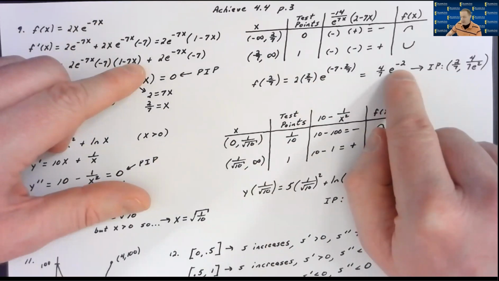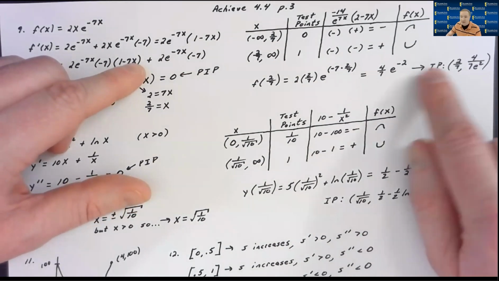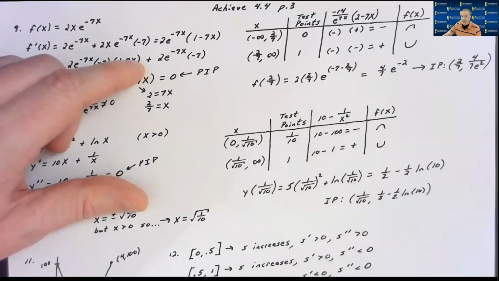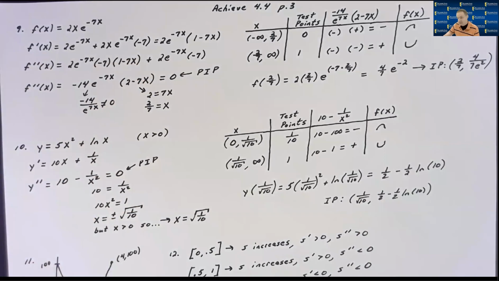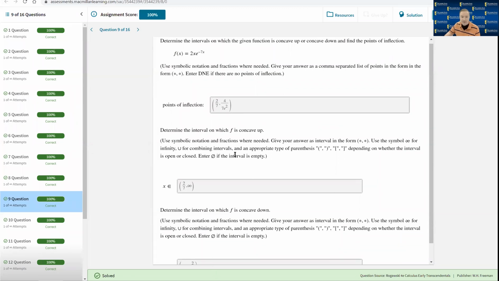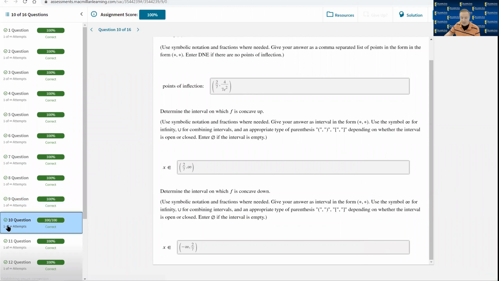I went ahead and wrote my inflection point as the ordered pair 2/7 and then 4 over 7e squared. That just looked better to me. You could leave the 4/7 e to the -2 if you preferred. But you can see this is the way I entered my information into Achieve, and Achieve liked it.